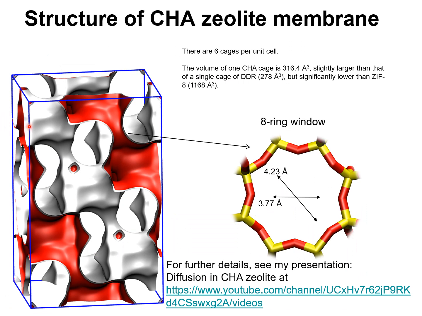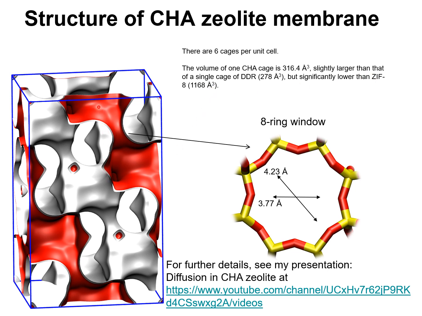Another important choice for use as thin microporous layers in membrane constructs for mixture separation is a chabazite zeolite. One unit cell of chabazite consists of 6 cages. The volume of one chabazite cage is slightly larger than a single cage of DDR zeolite, but significantly lower than a single cage of ZIF-8.